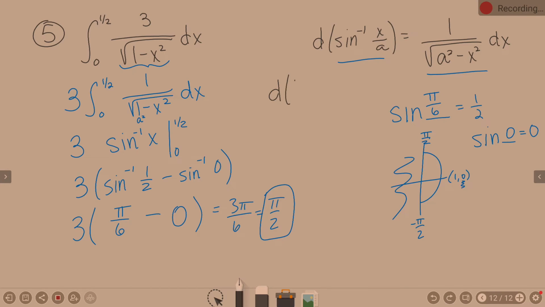The derivative of tan inverse of x over a, tangent is the one that does not involve the square root, right? I'm trying to remember how they write it here: a over a squared plus x squared. Okay, so that's the other good one to know.